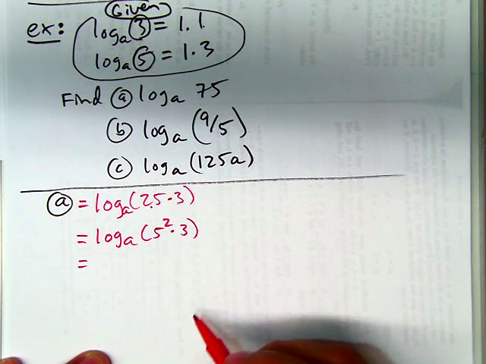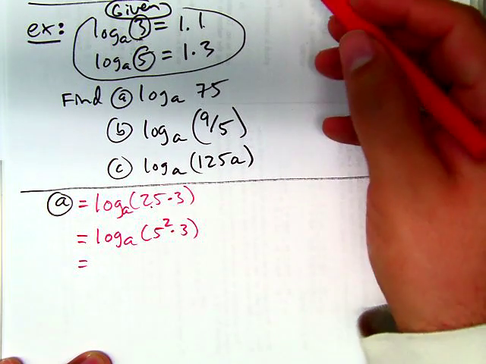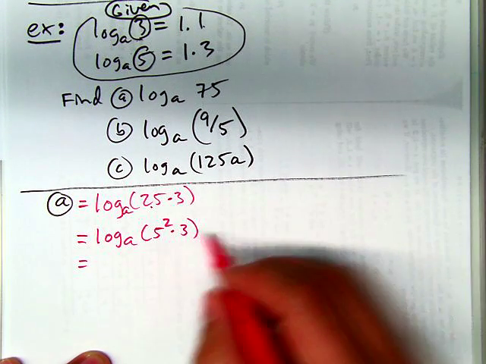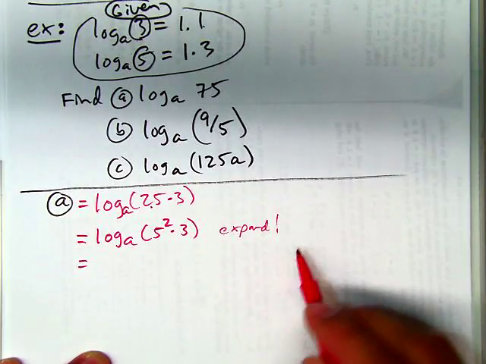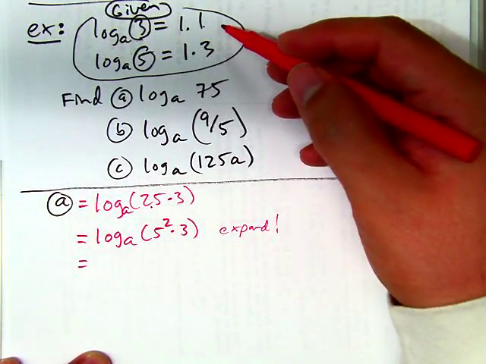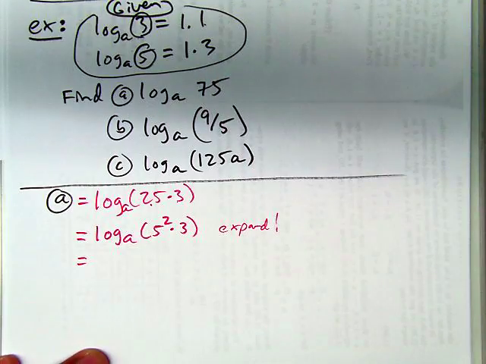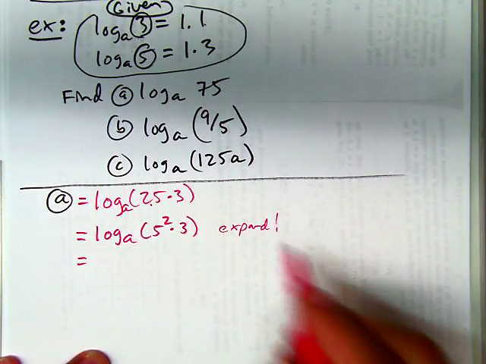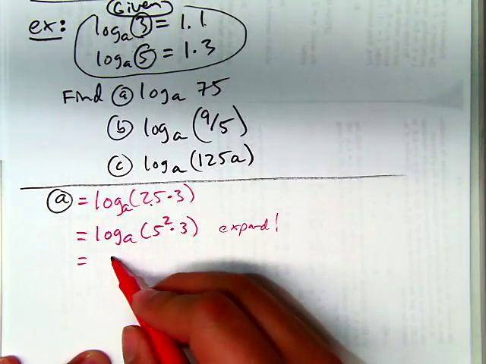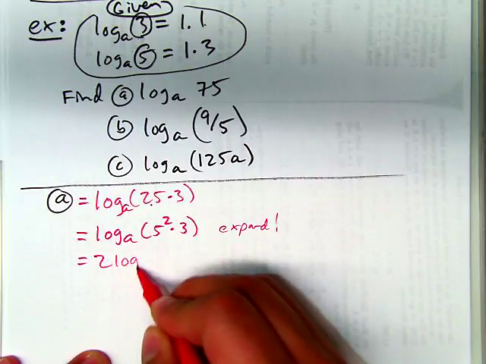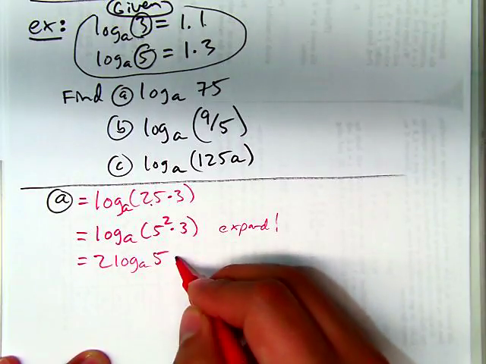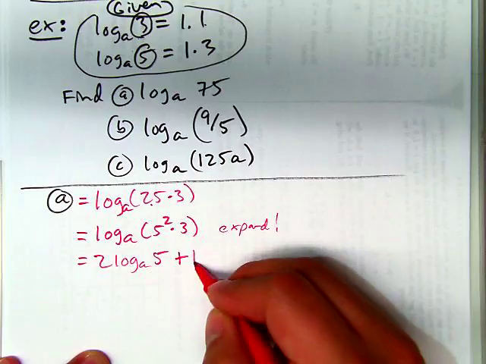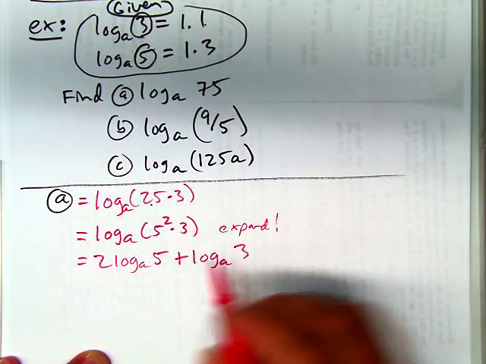And so now this allows me to use the properties that we talked about earlier. I'm going to expand this into a few different logs, and then I'll be able to use these definitions that were given to us up here. So then, for example, now we'll have 2 log base a of 5. Multiplication means add, so now we add log base a of 3.